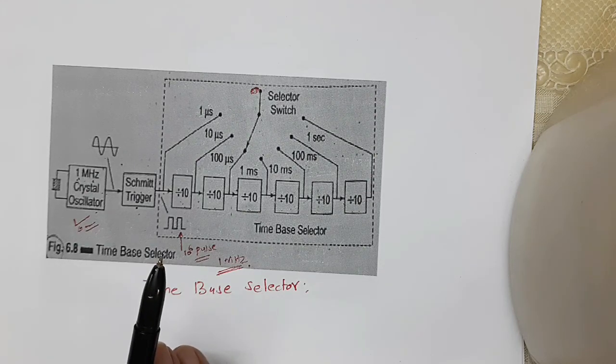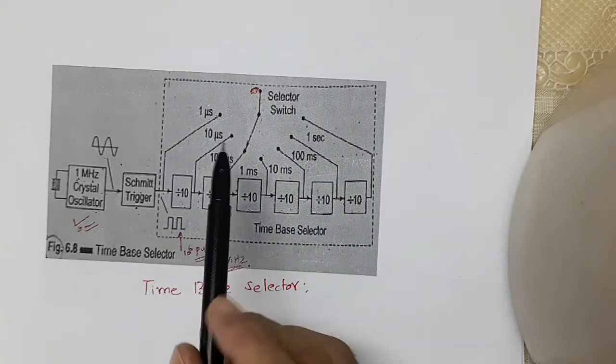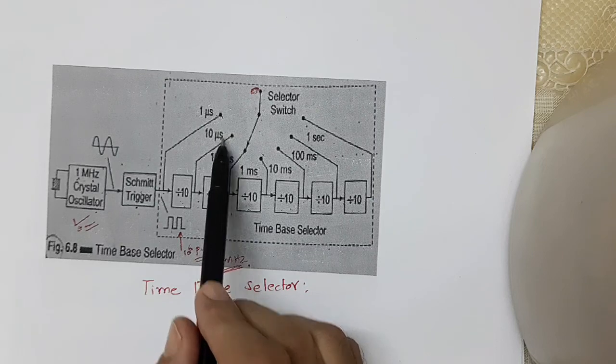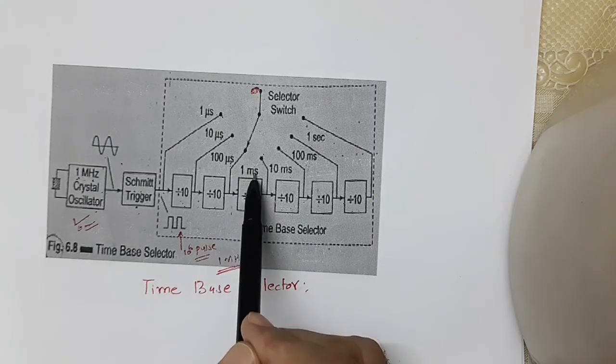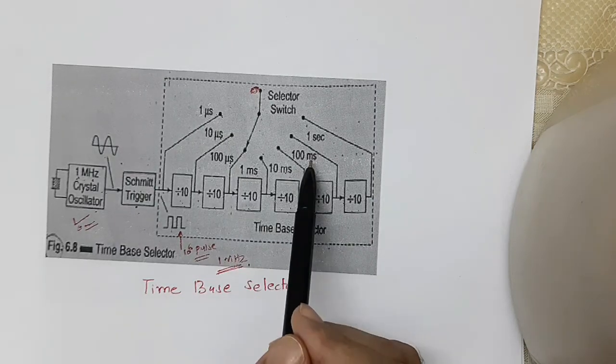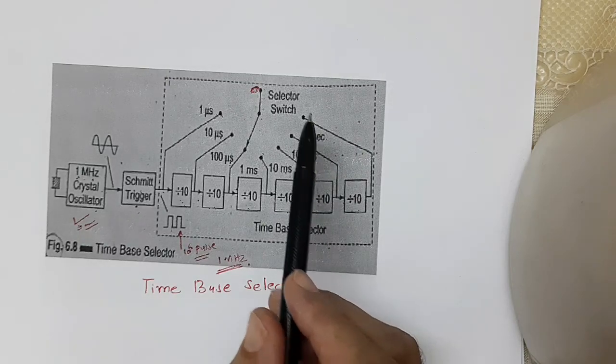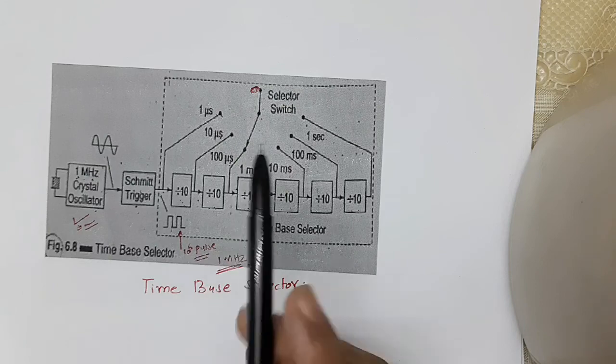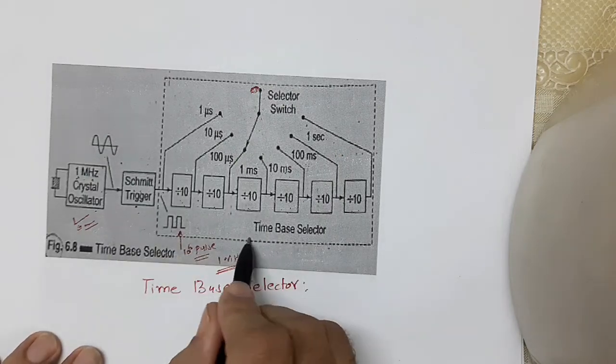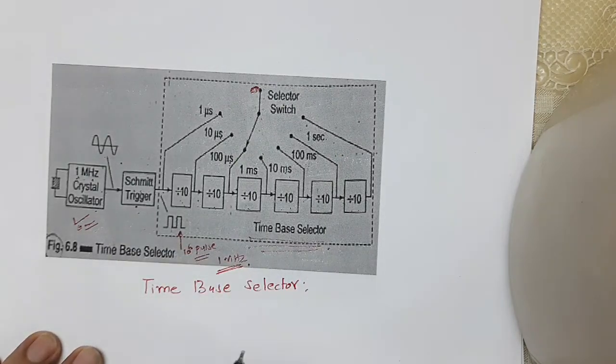Hence, by using a 6 decade frequency divider, a time base with a range of 1 microsecond, 10 microsecond, 100 microsecond, 1 millisecond, 10 millisecond, 100 millisecond, or 1 second can be selected using a selector switch. So in this way, we are getting the time base selector.